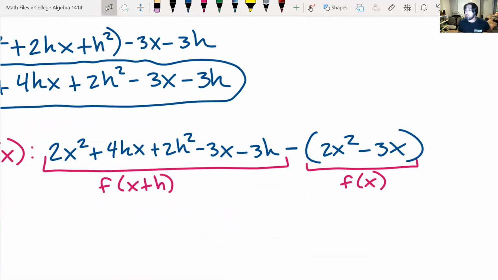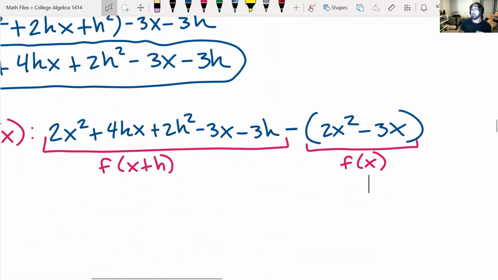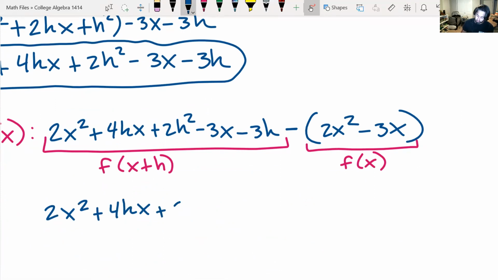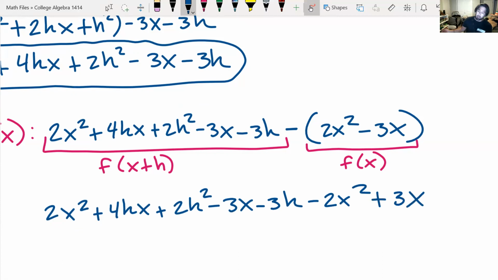Now, distribute that negative, and a bunch of canceling is about to happen. So again, unfortunately, rewrite it. Distribute that negative. And now let's start to cancel some terms.